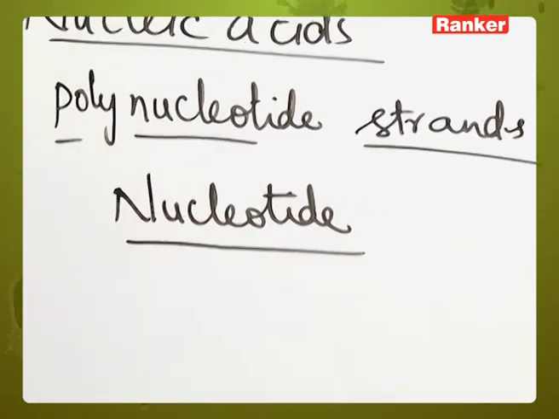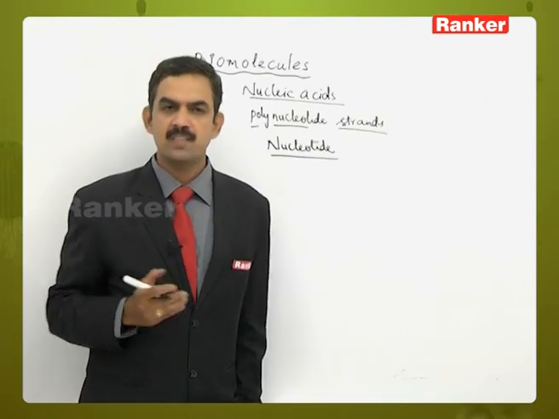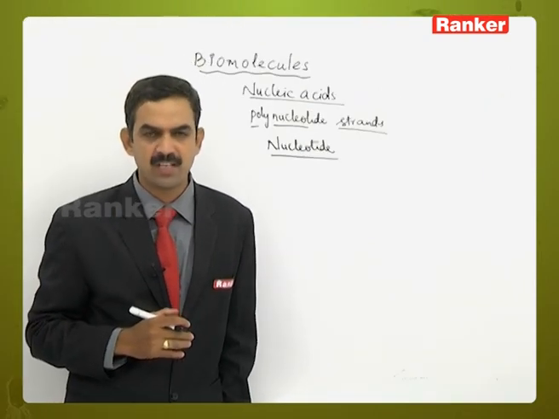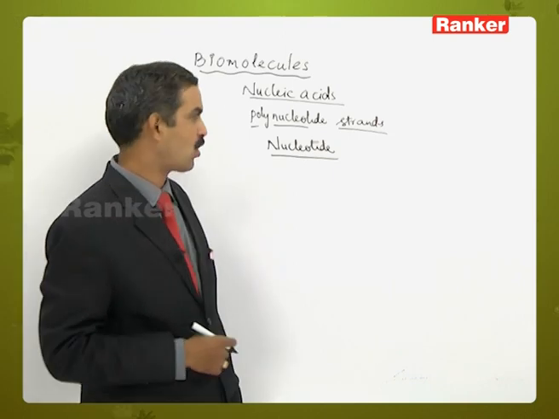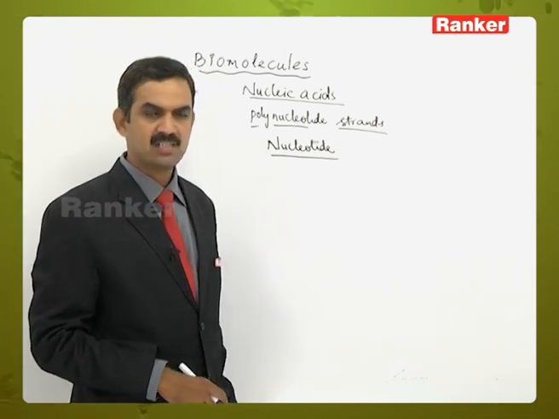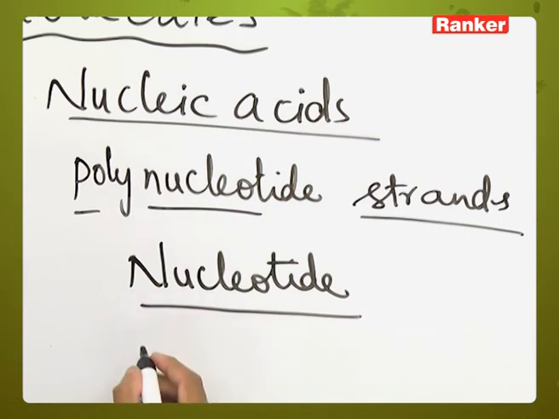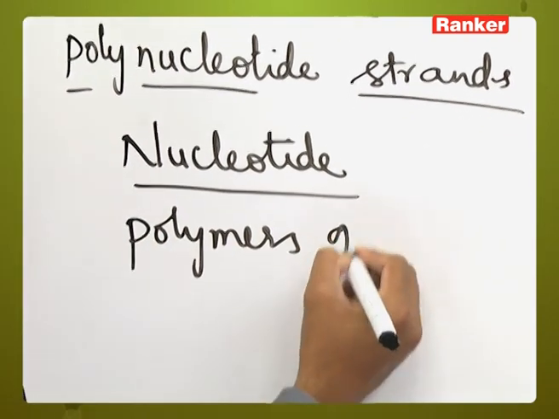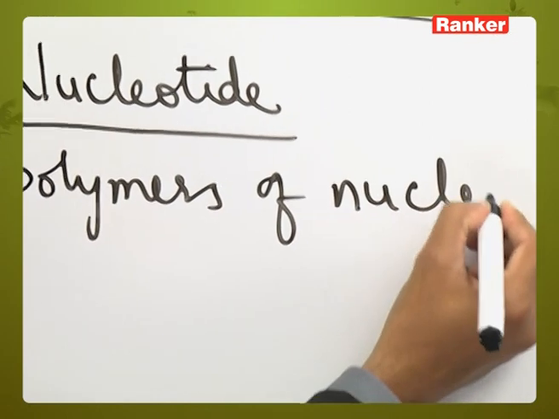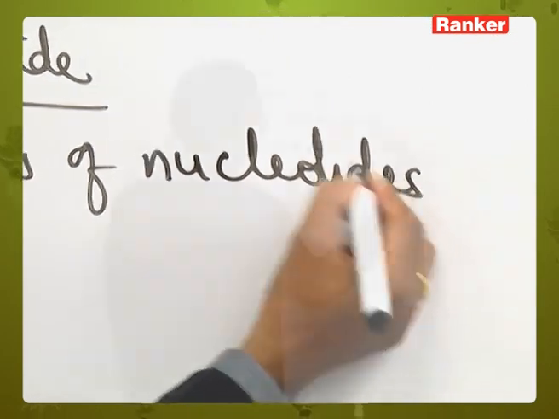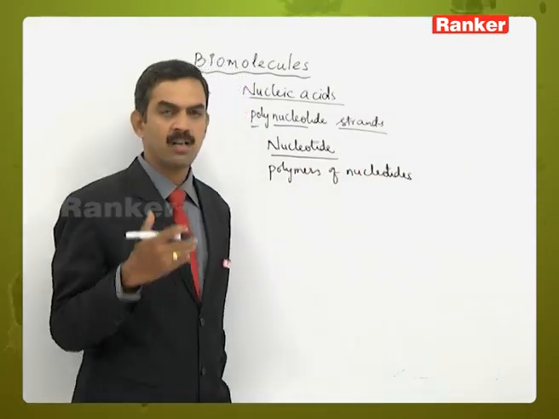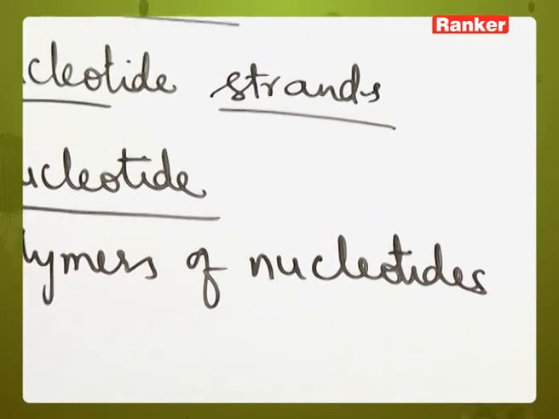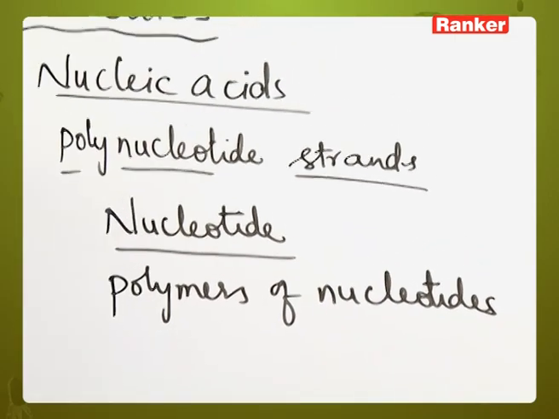Many nucleotides are joined together with the help of bonds to form a long and elongated structure called a polynucleotide strand, or simply to say, nucleic acids are the polymers of nucleotides. That is, many nucleotides form one single structure called a nucleic acid.